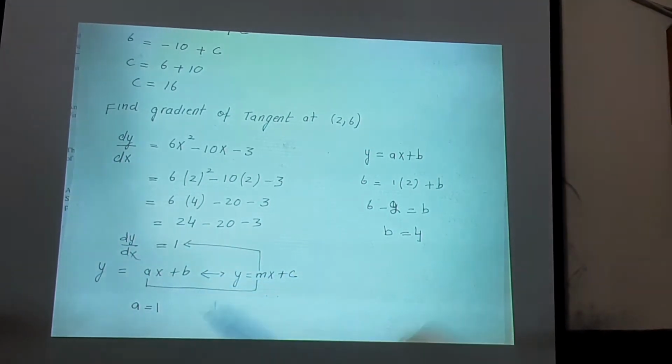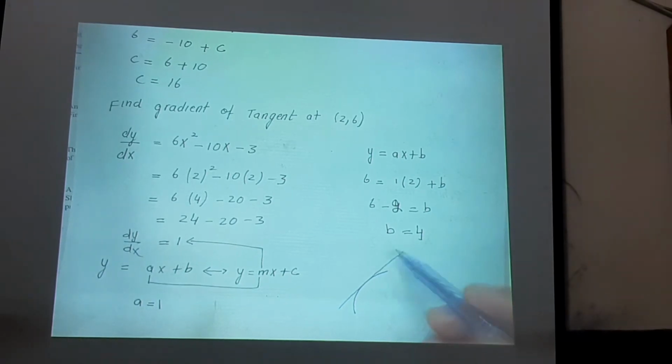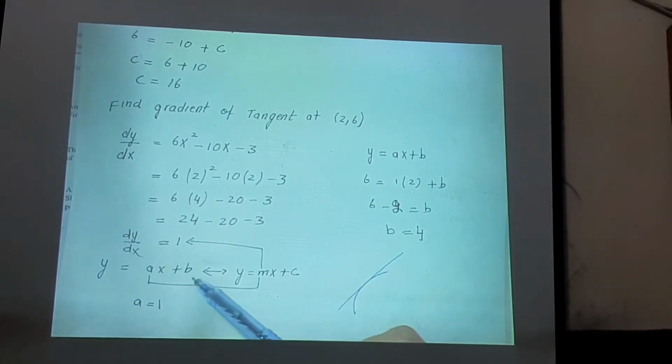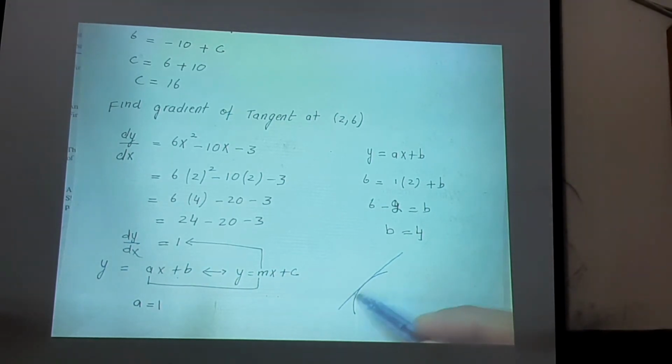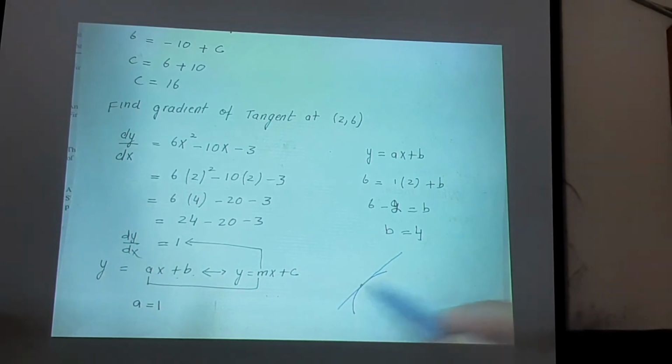Now my equation of the line is y is equal to ax plus b, and according to the information given in the question, this is the equation of the line, and this line is tangent to the curve.